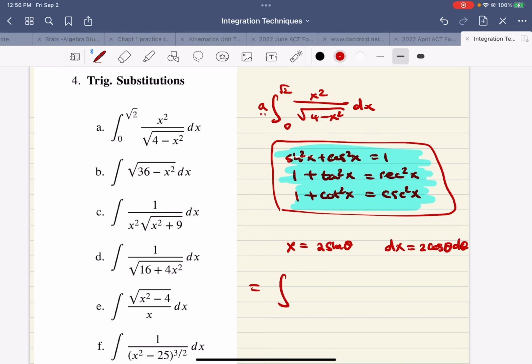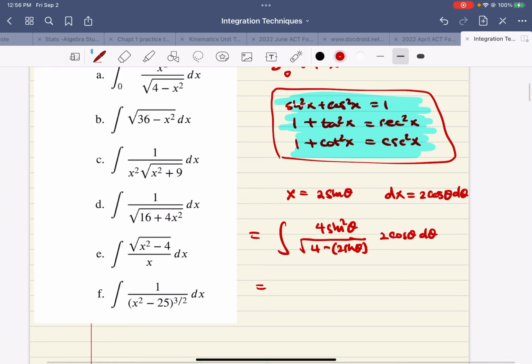So it will be the square root of 4. Instead of x, you substitute 2 sine theta, and then 4 sine square theta, because you're going to square it. And then dx is 2 cosine theta d theta. This one's squared.